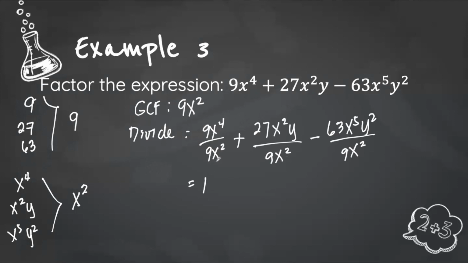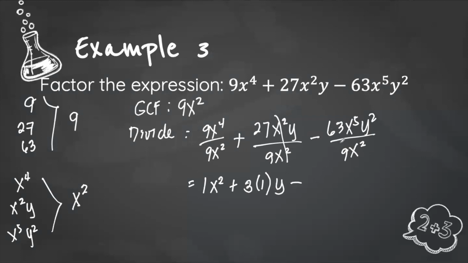X to the fourth divided by x to the second will be x squared. Plus 27 divided by 9 is 3. X to the second power divided by x to the second power is just 1. So we write 1 there. Then we just copy y since there's no y in the denominator.